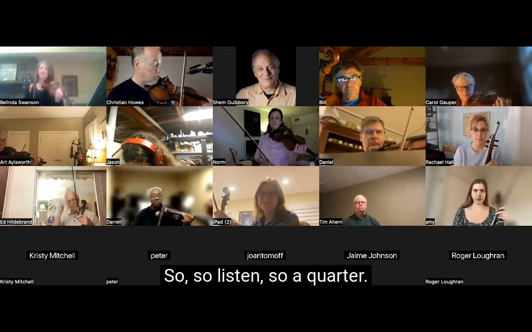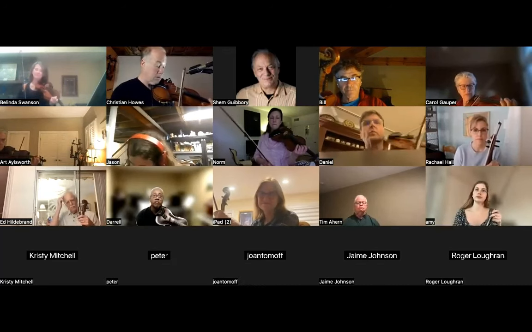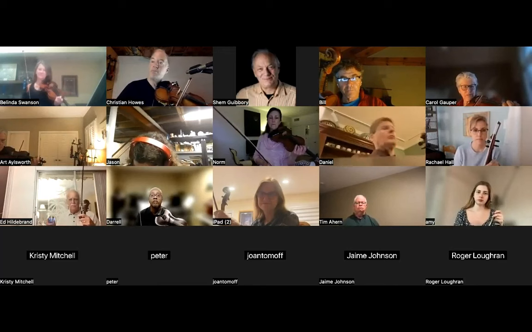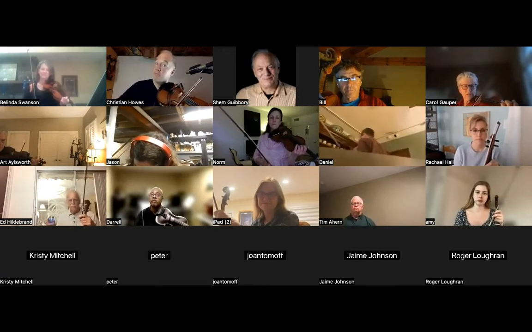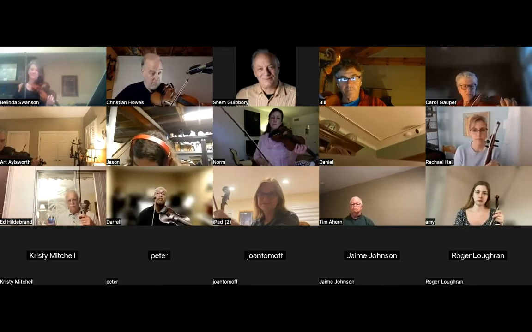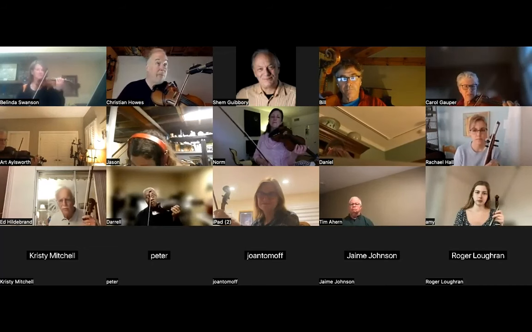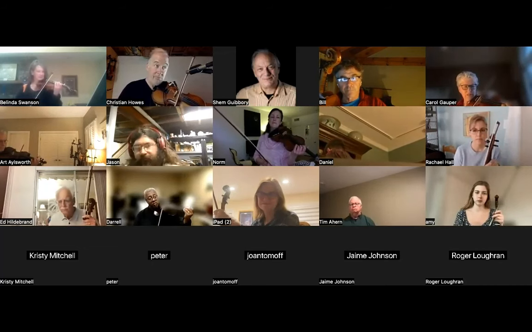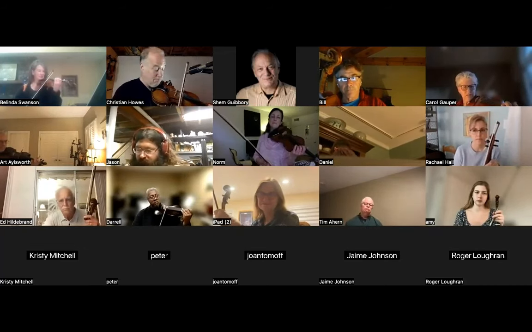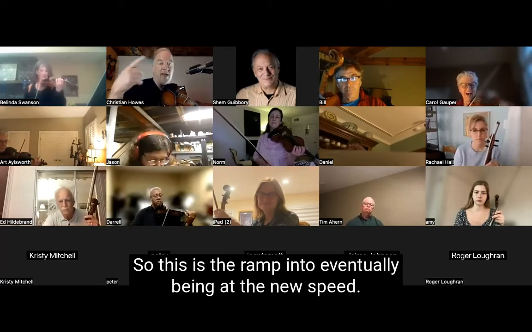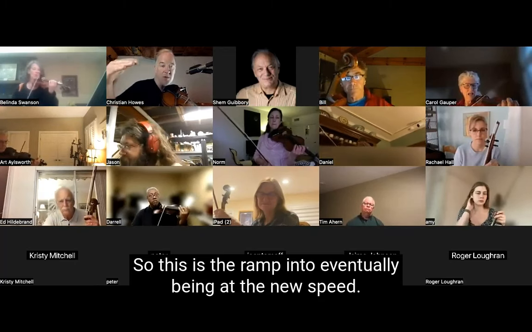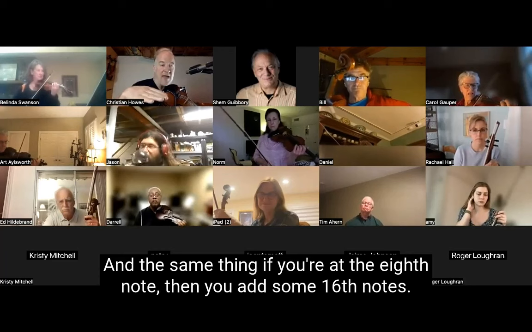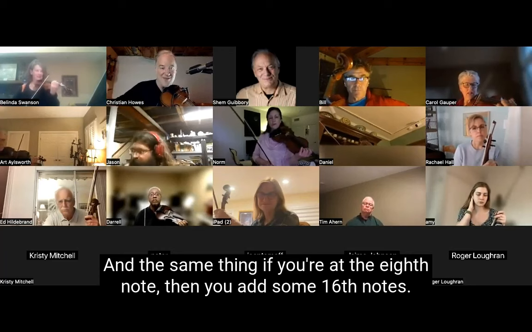So listen. So quarter. So this is the ramp into eventually being at the new speed. And the same thing, if you're at the eighth note, then you add some 16th notes.